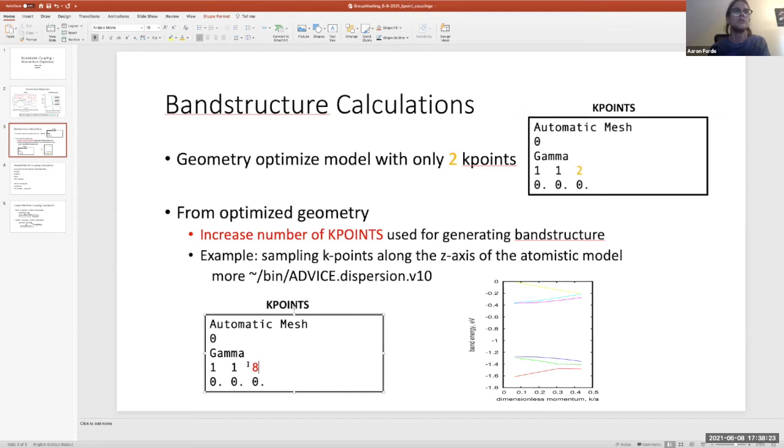Then you just increase the number of sampling points in your K point file. Depending on how fine you want the results to be, you increase or decrease this number. For this example, I chose 8.